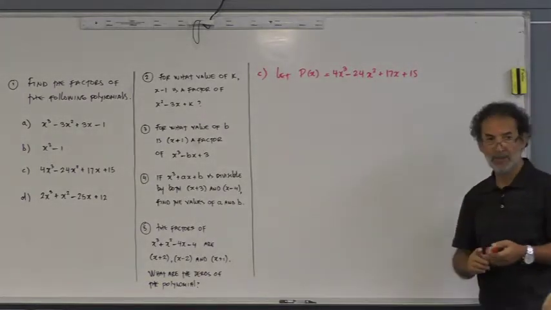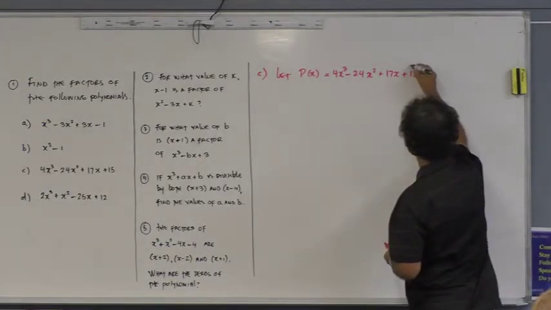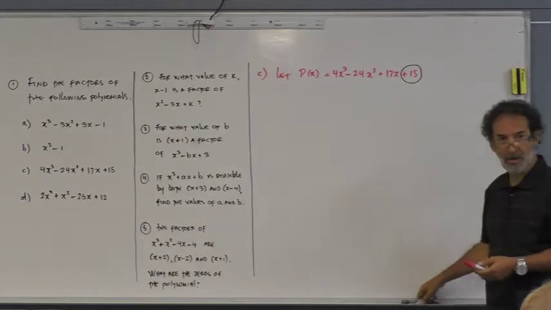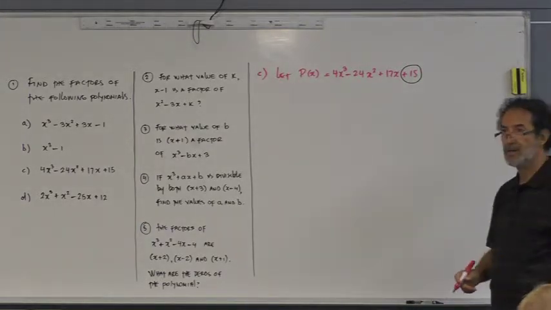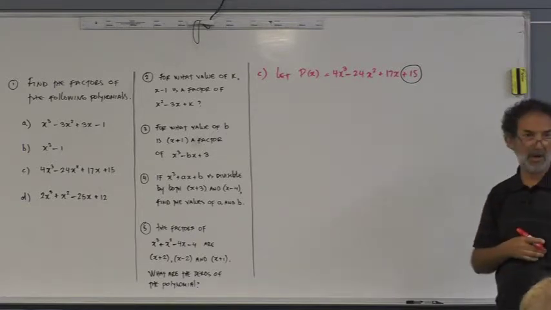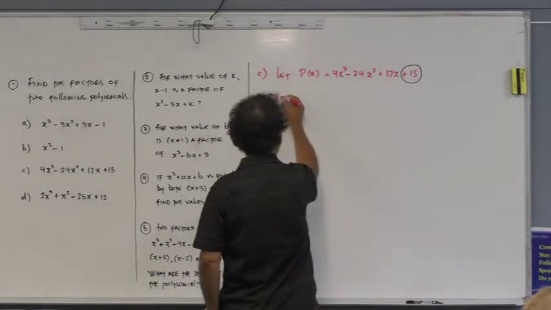Again, we're going to look at the constant. If we are lucky enough, we can find the answer very quickly. Otherwise, we're going to have to play around with this constant. Okay, factors of 15.